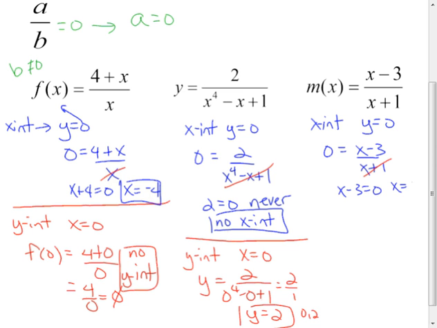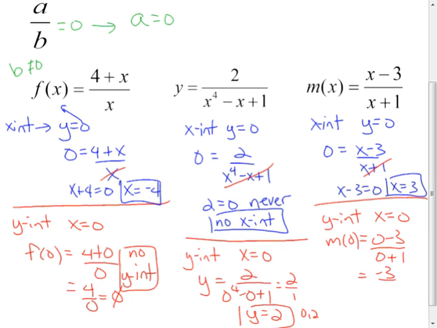It's when x equals 3. And to do the y-intercept, you're saying x is 0, so I'm doing m at 0 using that notation, and getting 0 minus 3 on top over 0 plus 1 on bottom, is negative 3 over 1, which is negative 3.